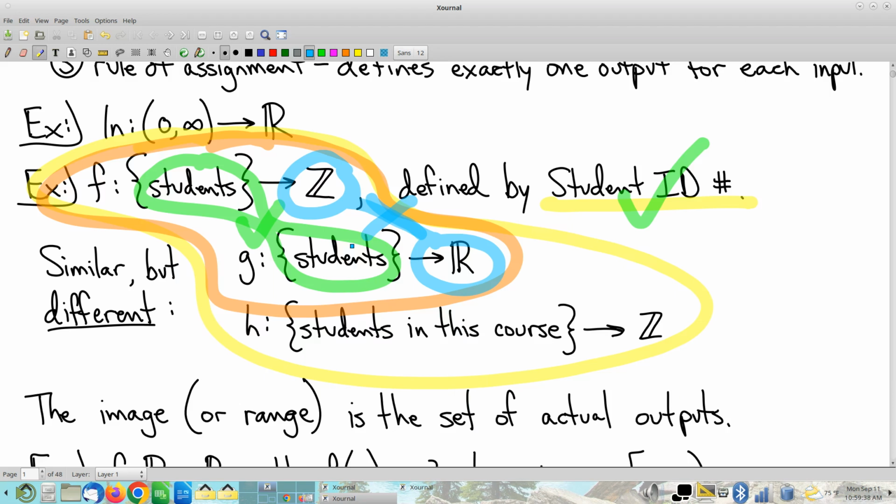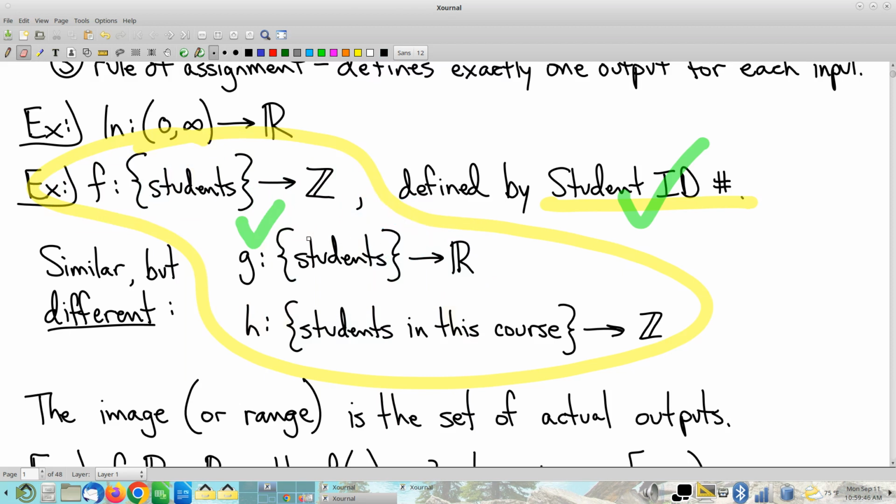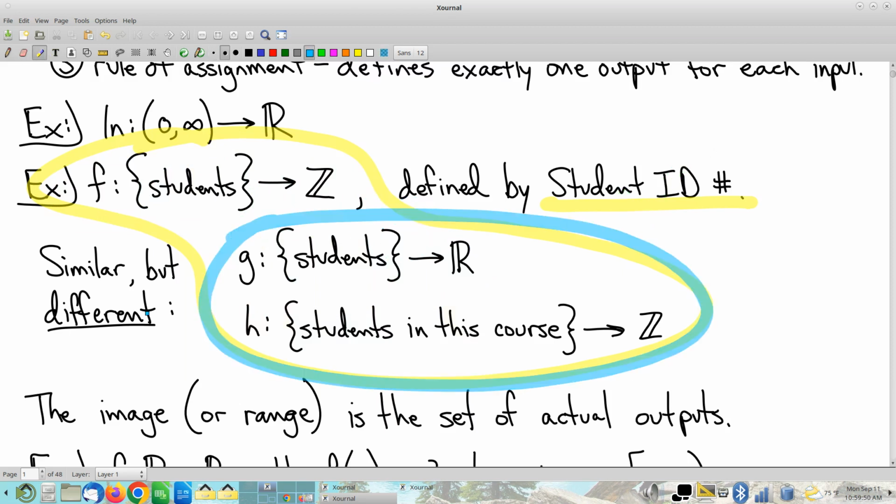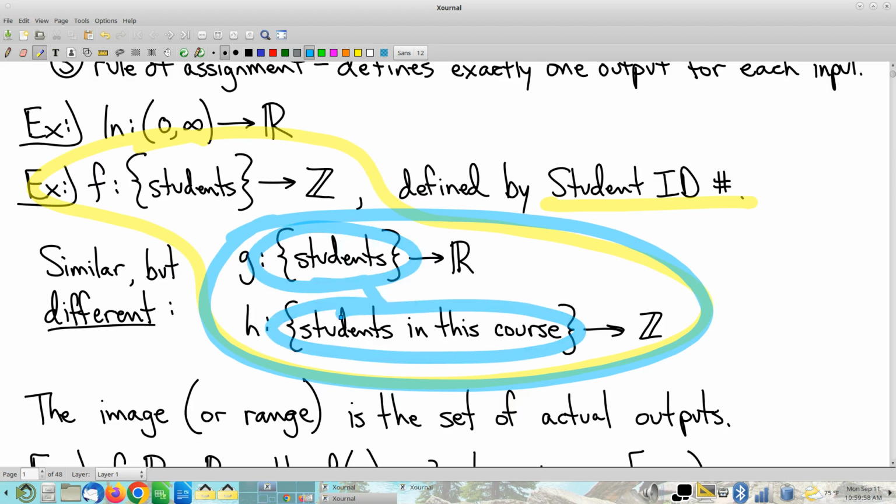So this too is bigger than it needs to be. Whatever. Okay, so F and G are different functions. And then likewise, G and H are different functions. In addition to having different targets, they also have different domains.